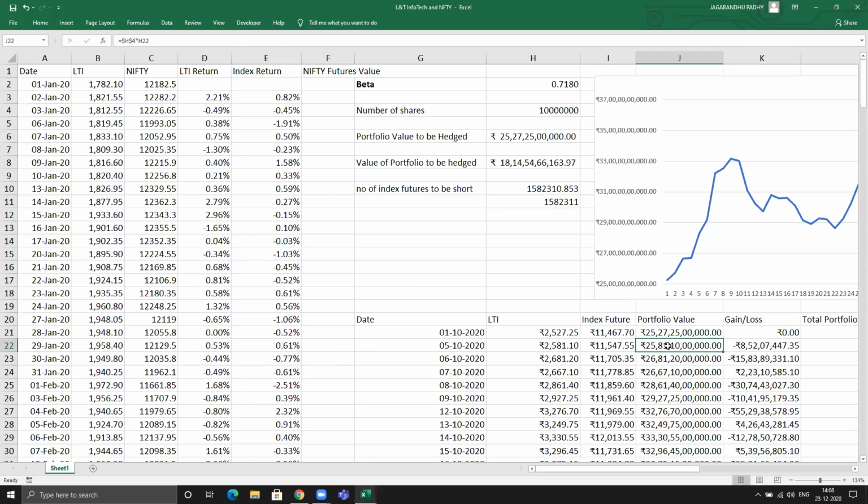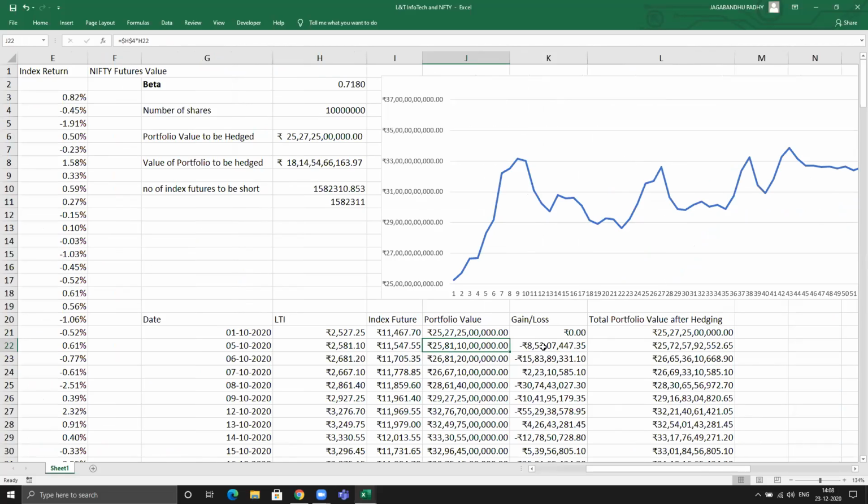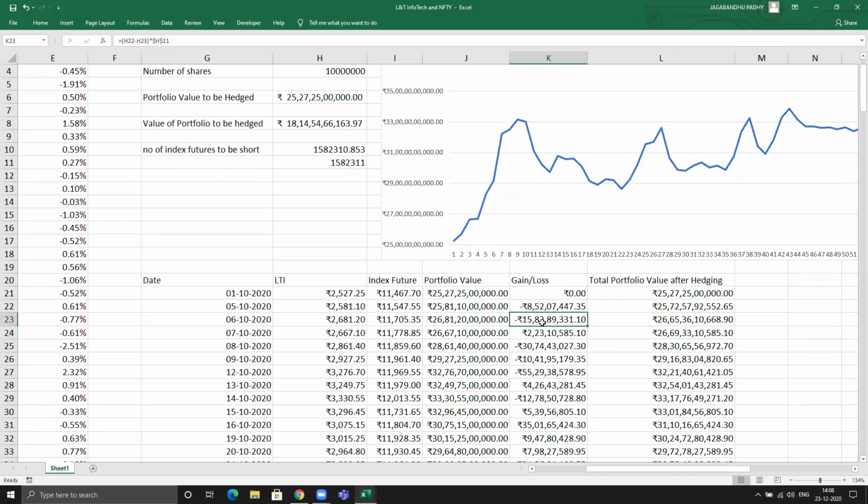Then we say gain and loss. That's 2581. Okay. Previous value minus current value into the number of futures. Okay. So there's a loss, 5 lakh. Every time it's just an addition. And here it is computed accordingly.